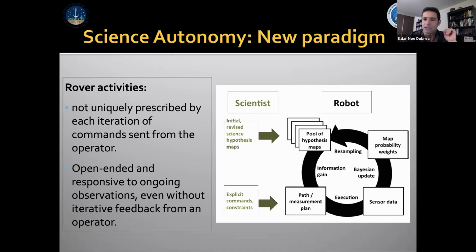Scientists can also give explicit commands, such as a specific path or specific targets they want it to go to. Then the rover takes all this information, calculates an optimal path to address all these observations in order to resolve the hypotheses, and performs the traverse and observations. Go to the next slide, please.